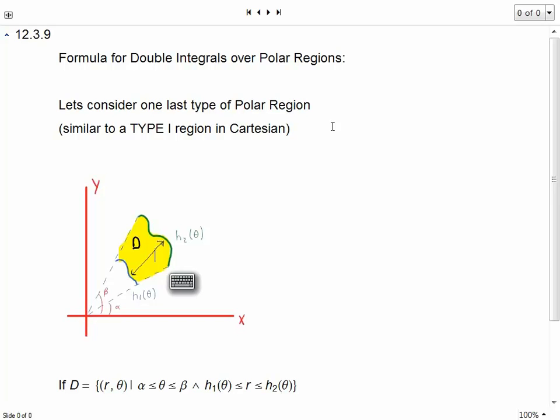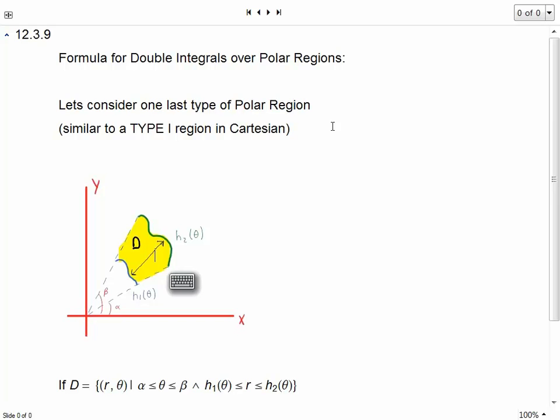Remember type 1 back in Cartesian: a rectangle in Cartesian had x between a, b and y between c, d. Rectangular in polar has both theta and r between two constants. Then we had type 1 in Cartesian, where x was still between two constants, but y was between two functions of x. You can do the exact same thing with polar.